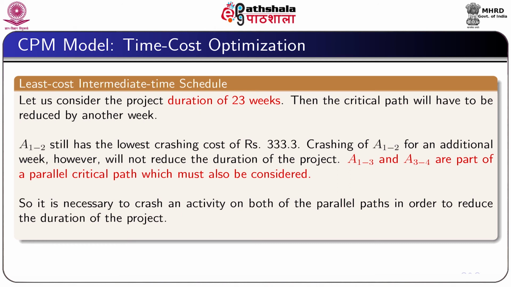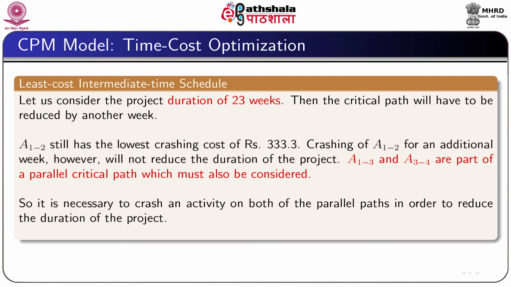Let us now consider the project duration of 23 weeks. That means we want to reduce the duration of the project by 1 week. Since activity 1 2 is giving the lowest crashing cost of rupees 333.3, we will reduce its activity time by an additional week.